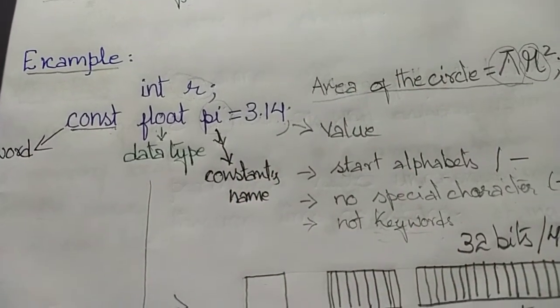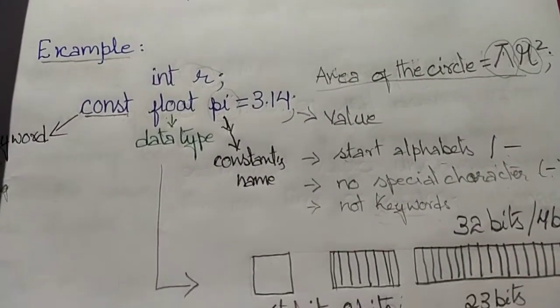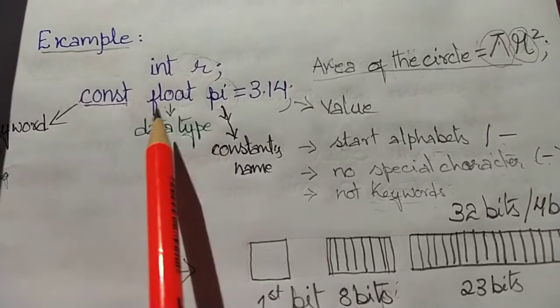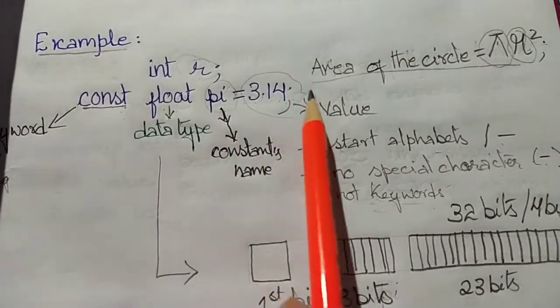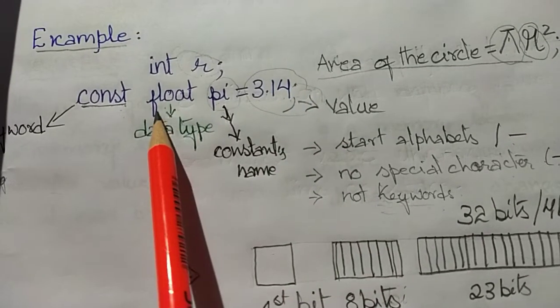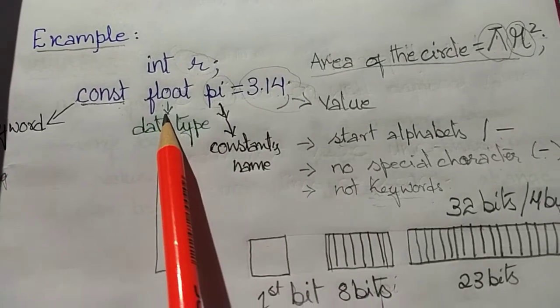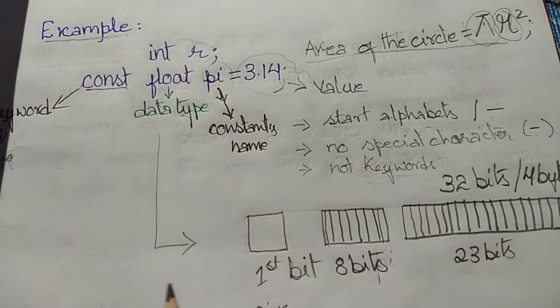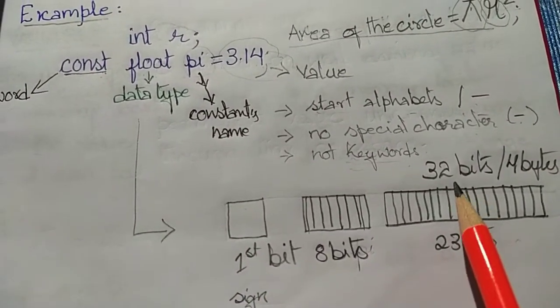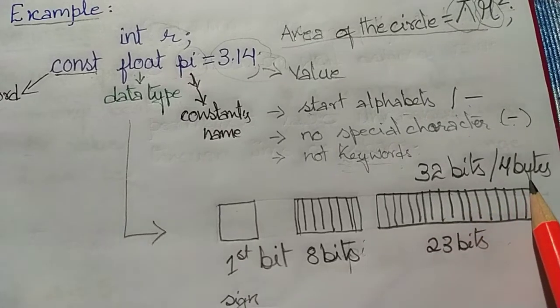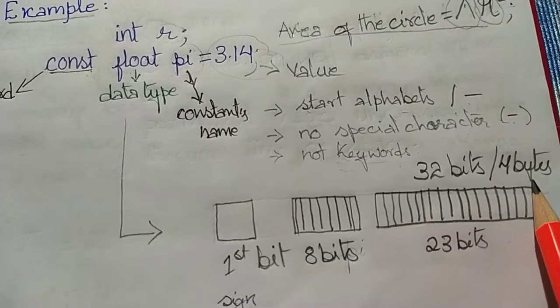So again, back to this example, the moment you mention const, that means this value will not change. And the moment you specify the data type float, it will automatically reserve space in the computer memory, and we know float takes 32 bits or 4 bytes in the computer memory.